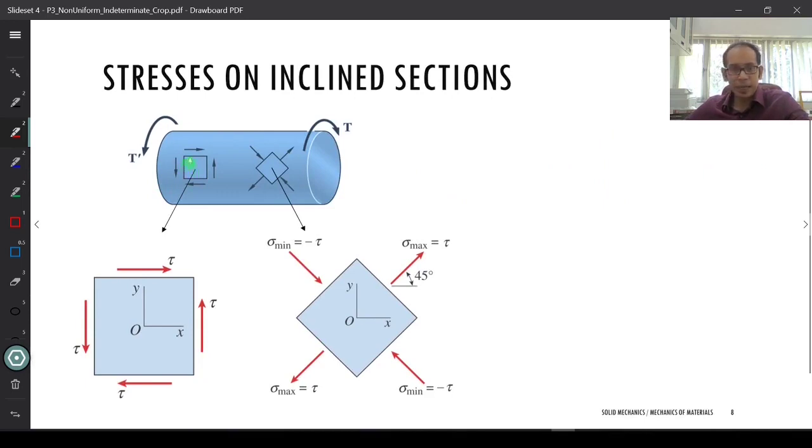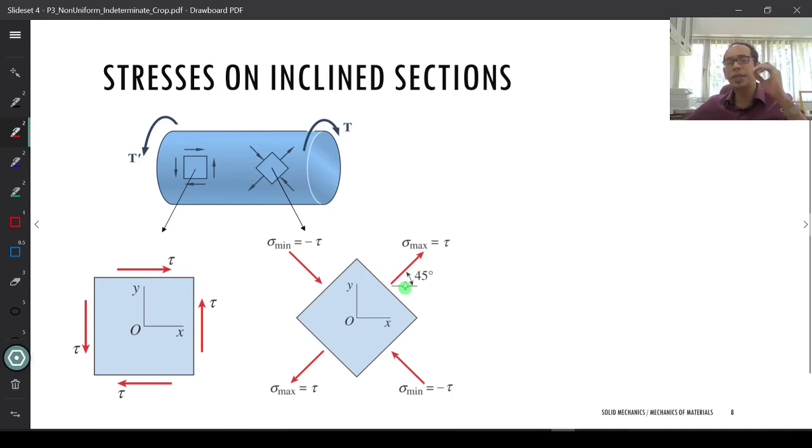If I am taking an element for which the section is perpendicular to the longitudinal axis, I have only the taus across the faces, no axial stress. Whereas if I am taking a 45-degree angle, as I just derived on the previous page, I am going to have something like this over here. I am going to have a maximum sigma, which is equal to this tau, and my shear vanishes.